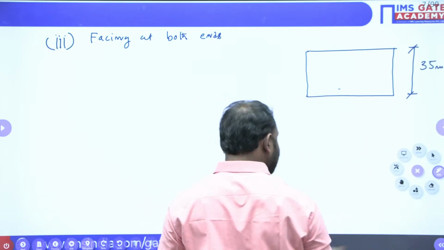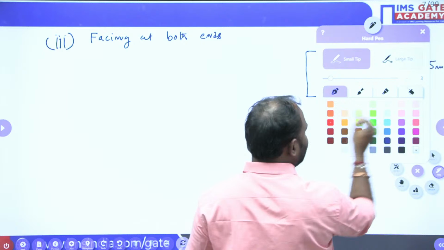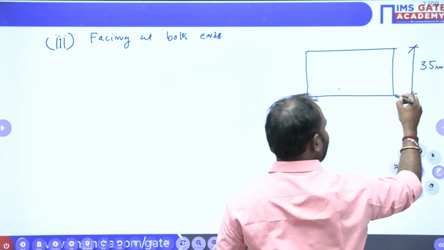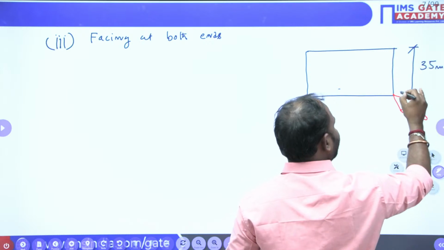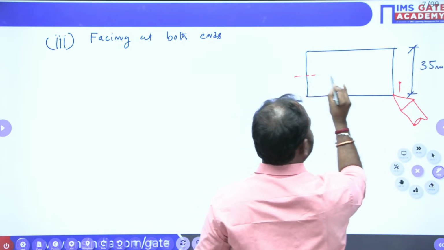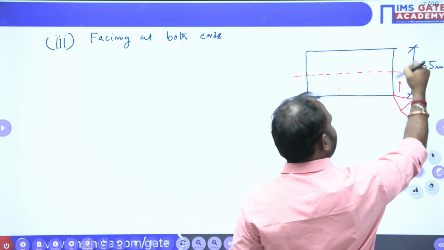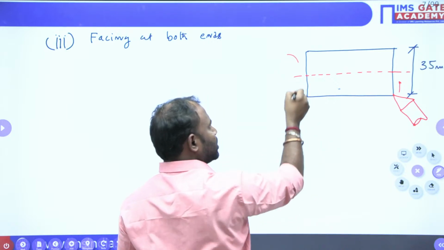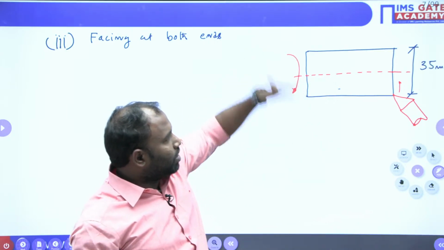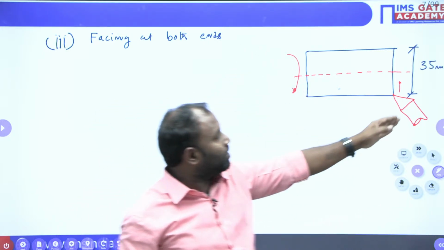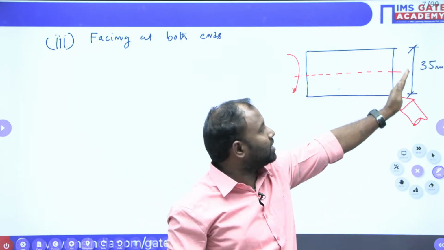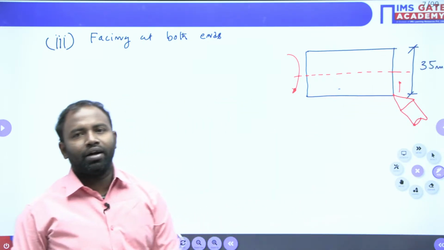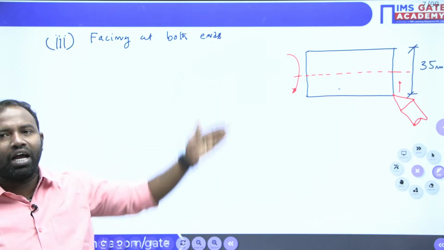Now facing means my tool will travel from here to the center of the workpiece, so that facing is going to be done. The workpiece will rotate like this, and the tool is going to be moved towards the workpiece such that facing happens. Now here the length of tool travel is half of the diameter.